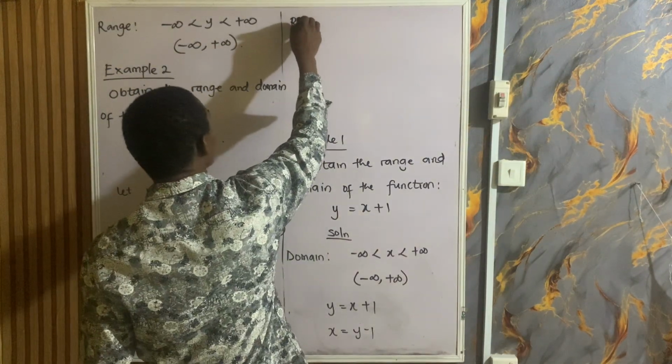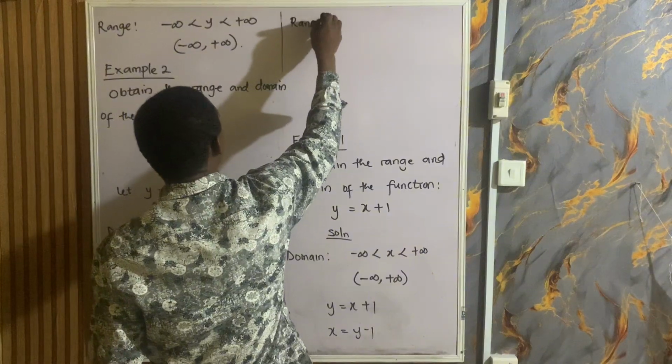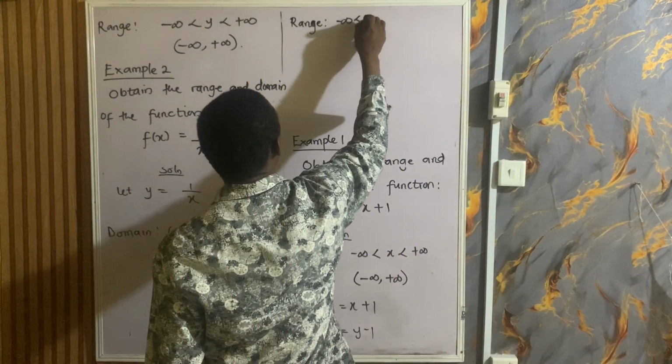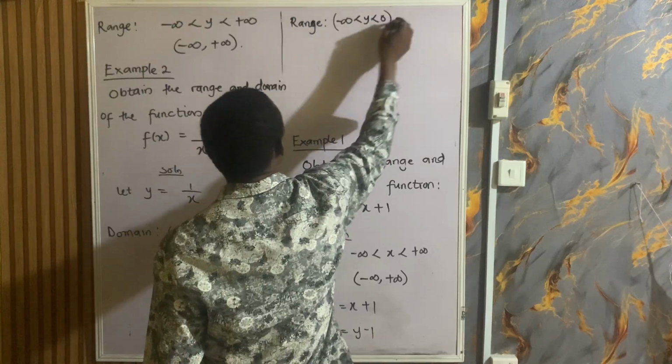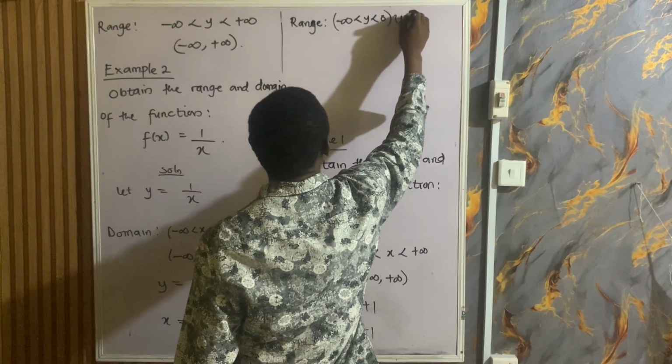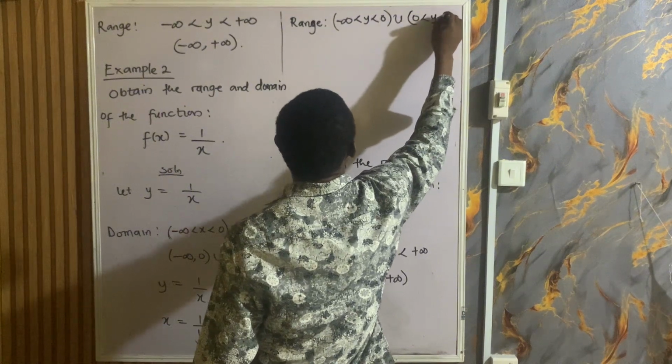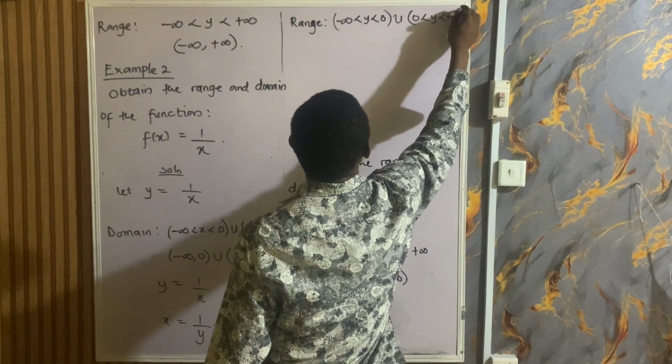So our range is still going to be negative infinity less than y less than 0 union 0 less than y less than positive infinity.